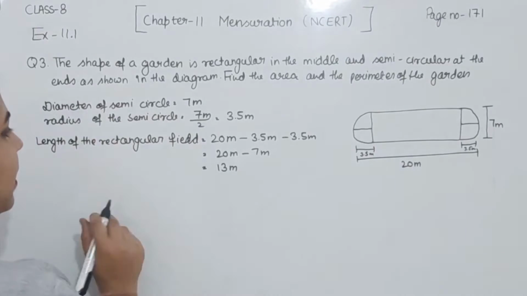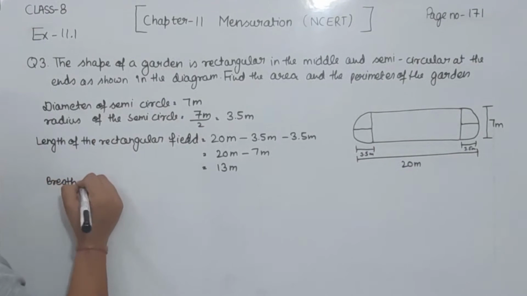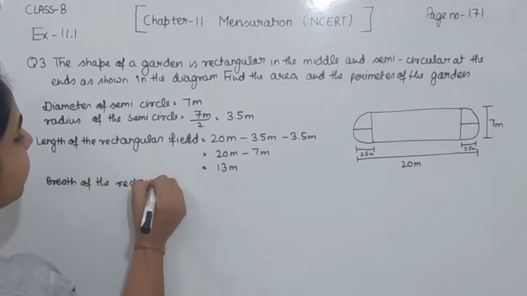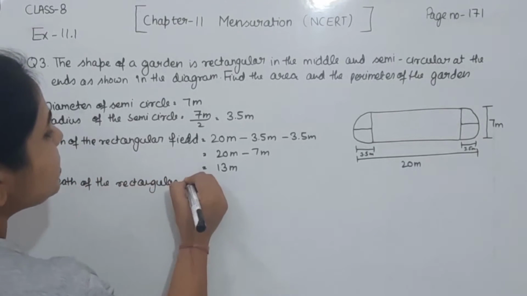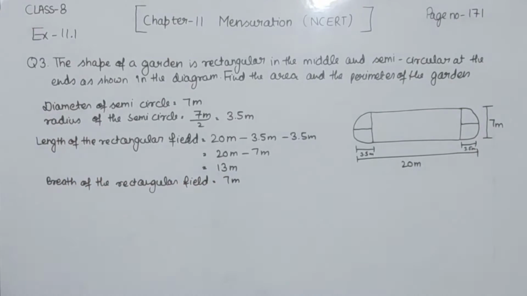So the length is 13 meter, and the breadth of the rectangular field is equal to 7 meter. Now we have the length and the breadth of the rectangular field, so we are going to find the area of the rectangular field.